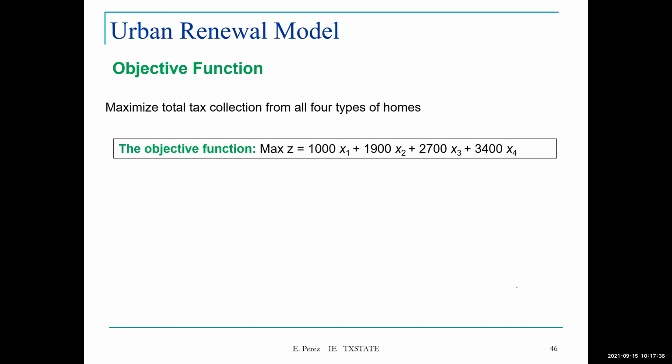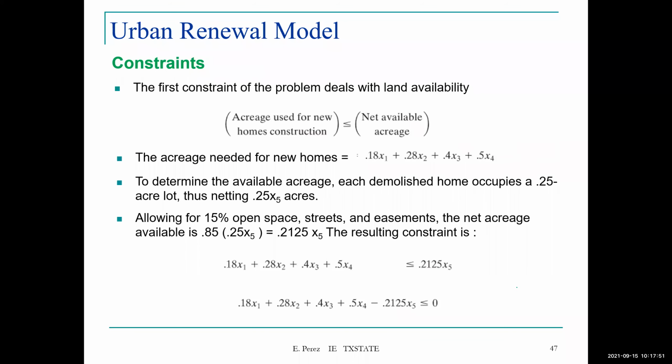You'll see how that's going to be taken into account in a minute. We want to maximize this tax collection, but we still have to represent the cost associated with demolishing those homes. Let's continue the discussion and you'll see how that's taken care of.